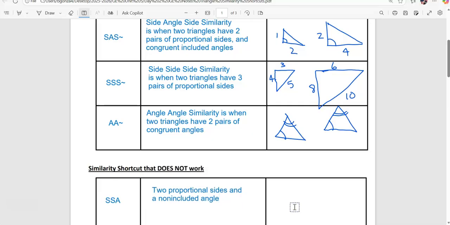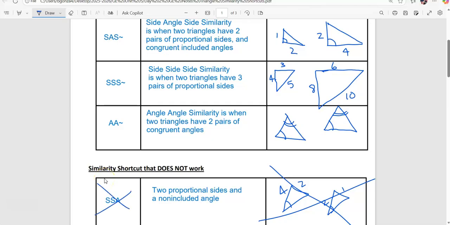Can't use it. Do not use angle side side, whether it's congruent or similar. Once you've got that, flip it over, please, so we can do the backside.